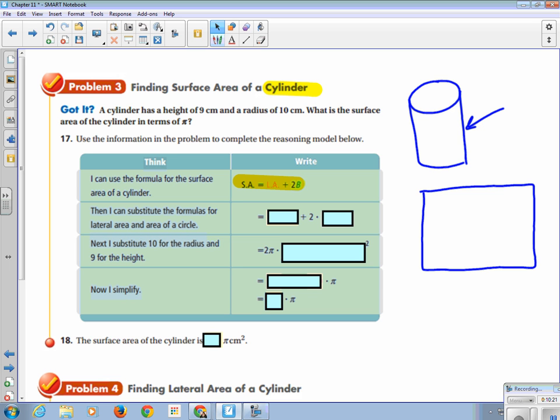So the lateral area, the base of the rectangle, is going to be whatever the circumference is around the circle. And then the height of your rectangle is going to be the same as the height of your cylinder.